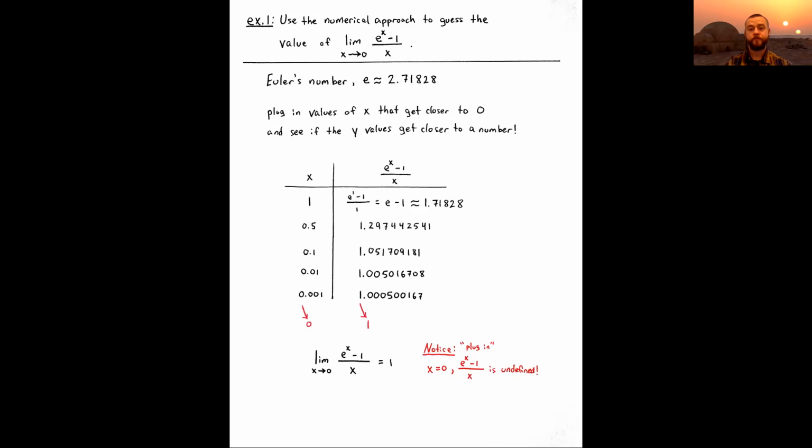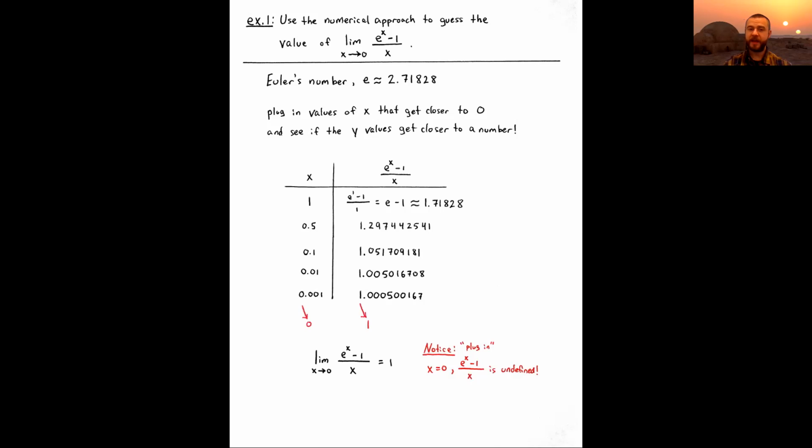Now this one's a little different than our first basic example. We try to plug in here, well, just notice that factor of x in the denominator, plug in x is 0, you get division by 0. So we don't get the same function value as the limit value 1 here.